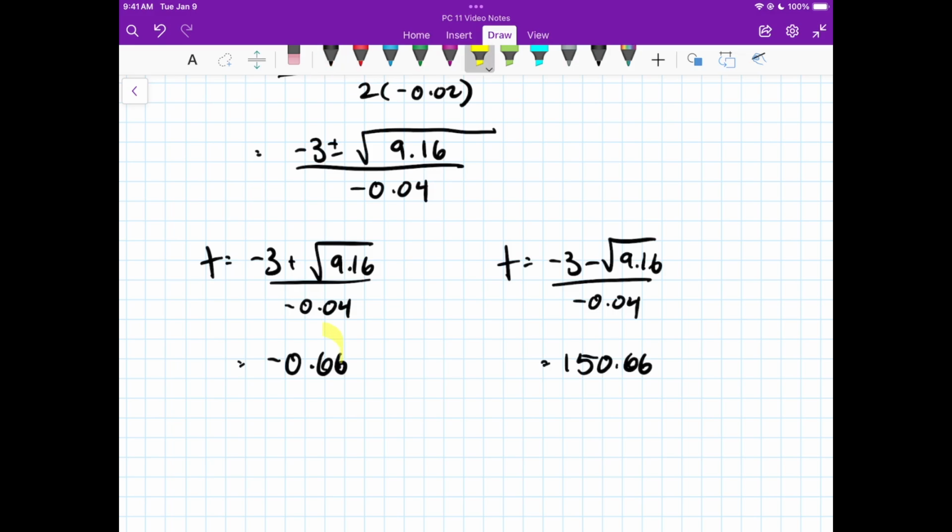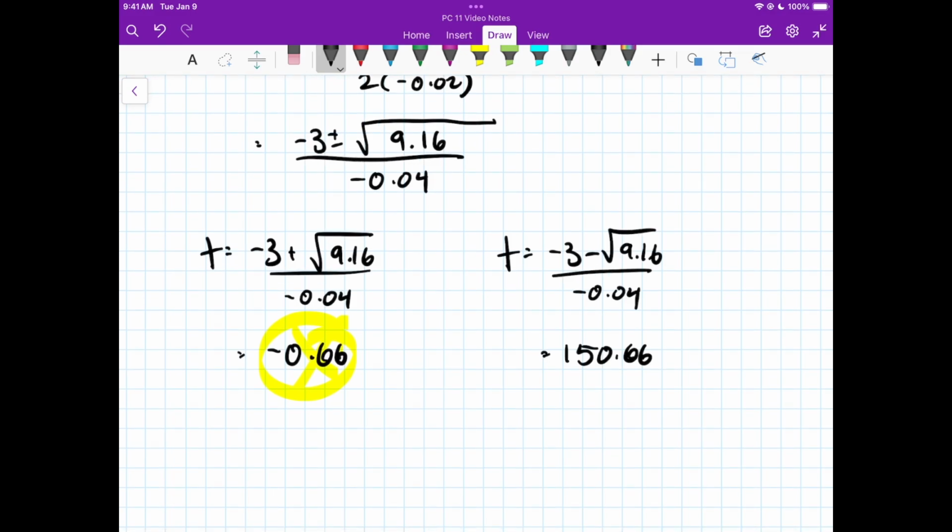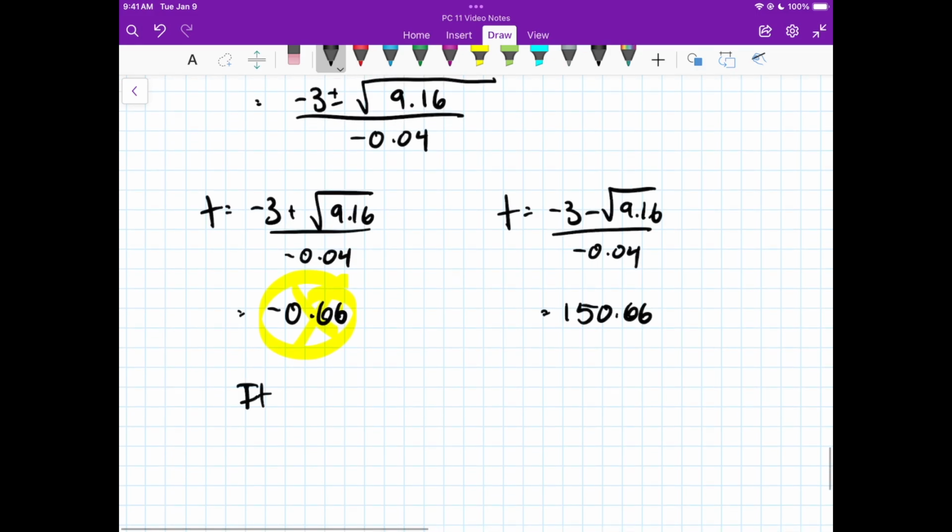The negative answer doesn't work. You can't have negative time. The positive answer is pretty unreasonable. That's 2.5 minutes. That's a pretty long time for a firework to be in the air, but we're just going to have to run with it because that is what came up, and it is a number. So it was 5 meters in the air after 150 seconds.